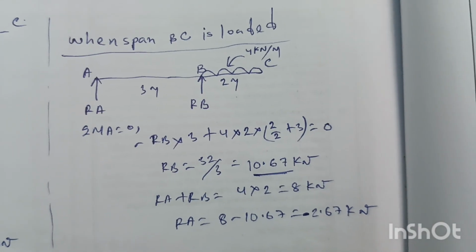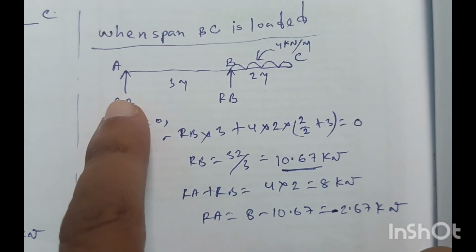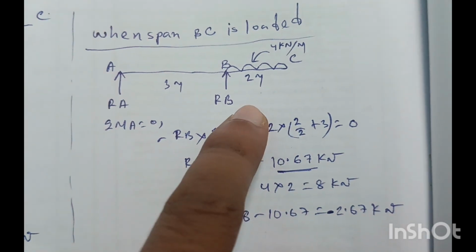Now when span BC is loaded, the reaction at A is RA and the reaction at B is RB.